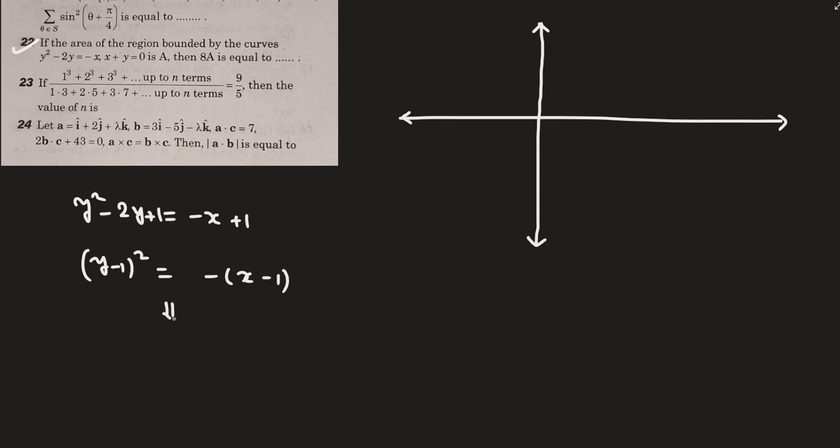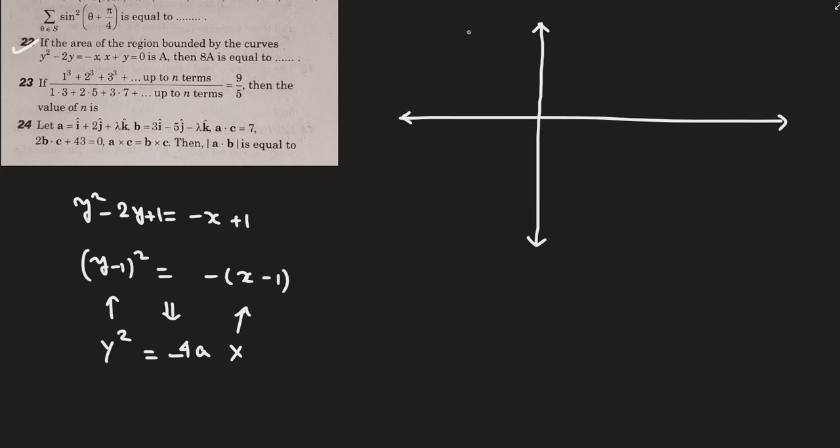So we can compare this equation with the standard parabola Y squared equals minus 4a X. Here capital X is nothing but this one, and capital Y is nothing but this one. So the vertex is (1, 1), and the parabola is a left-handed parabola with vertex (1, 1) and axis parallel to the x-axis, and the parabola is also passing through the origin.